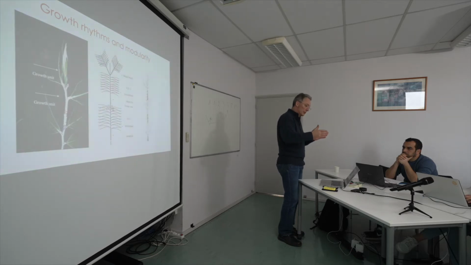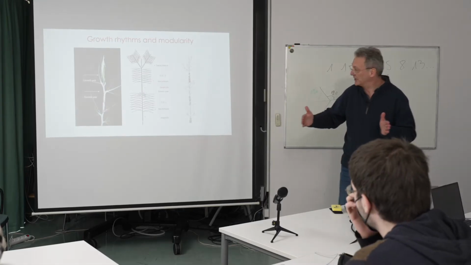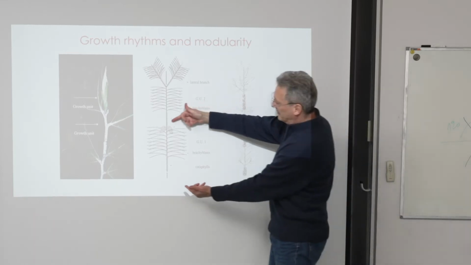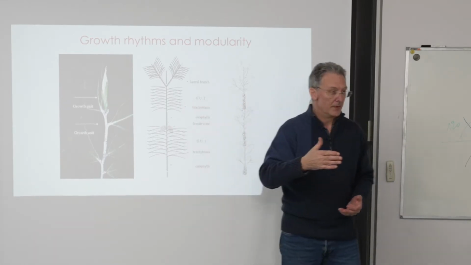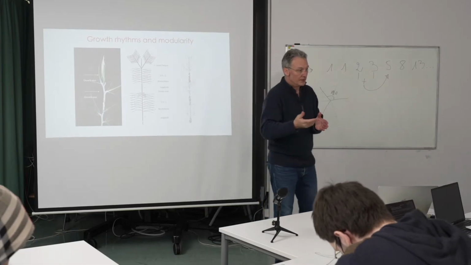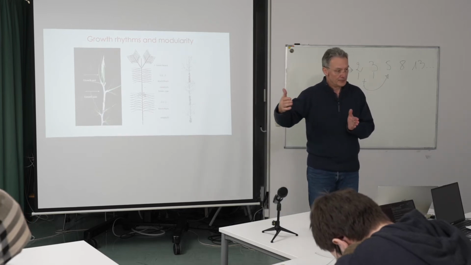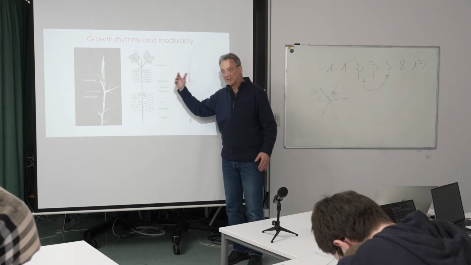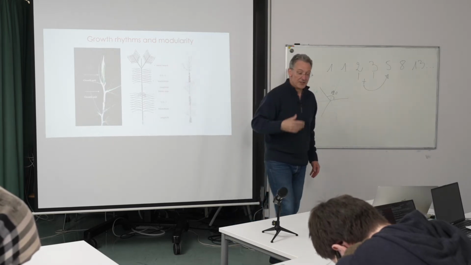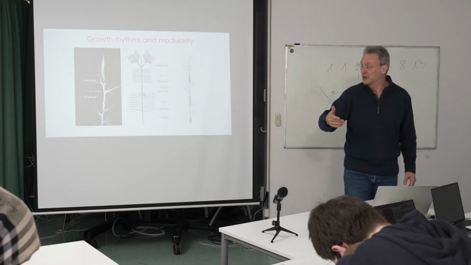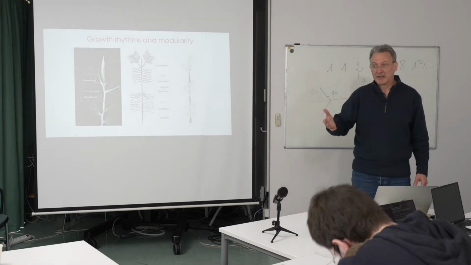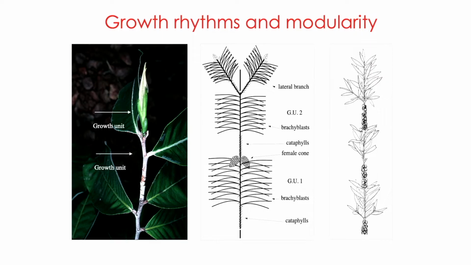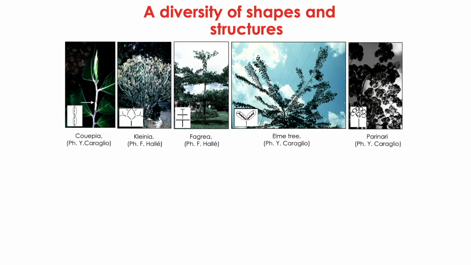So it will produce a unit that would correspond to this part, for instance, and then stop, and then resume growth and produce yet another unit of a similar type, then stop, and so on. This may continue over and over, or can vary, or change throughout the plant's life.